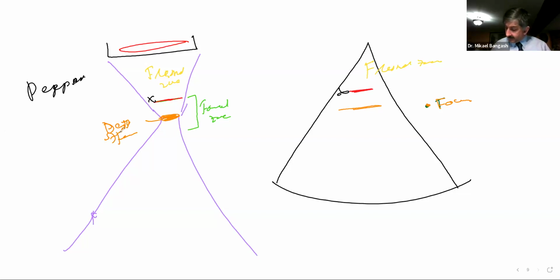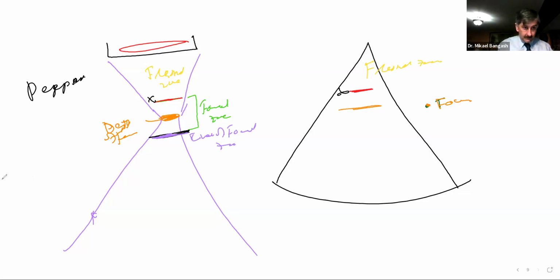And the focal zone. Okay, so now we're looking at the one below. So you end the focal zone here. Sorry. Yeah, okay, and the Fraunhofer zone.